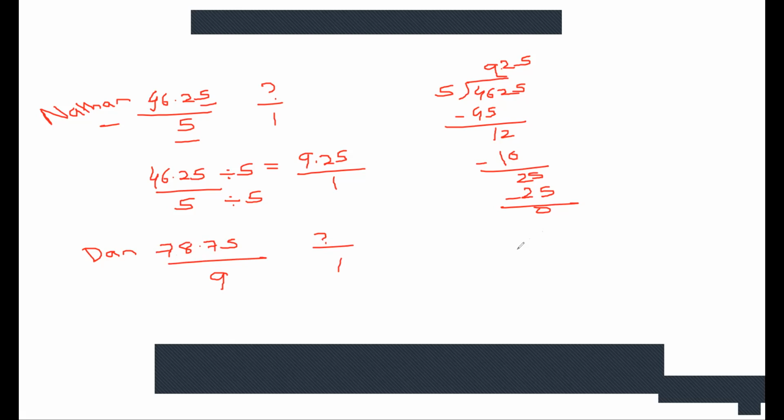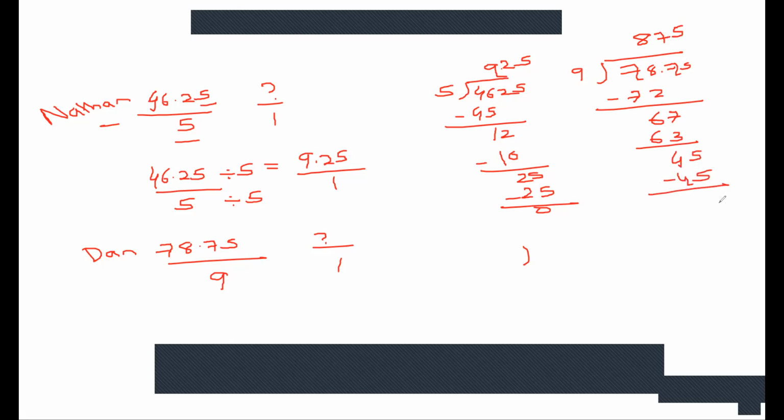Let me divide and see. 8.75. 9 times 8 is 72. 9 times 7 is 63. 9 times 5 is 45.